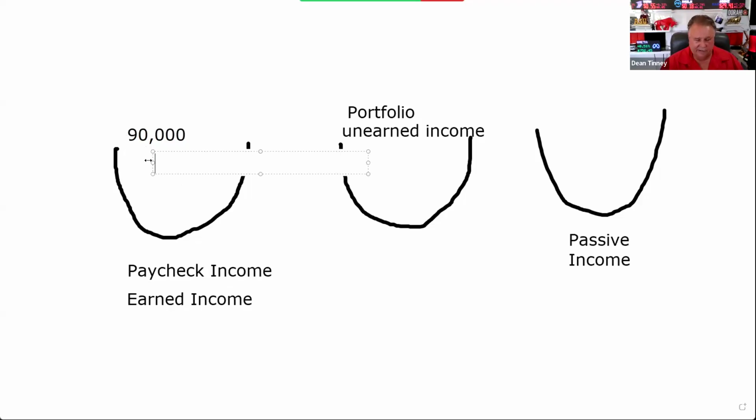So if it's 6,500, I get to now reduce my paycheck income to 83,500, and that 6,500 is going into an IRA, and I'm going to make investments. And it's important to know that the money in that retirement plan has not had taxes paid on it. Maybe if I net all my profits and losses in my portfolio, realized profits and losses, it's been a bad year. And when I net all that, I've got a $20,000 loss in my portfolio.